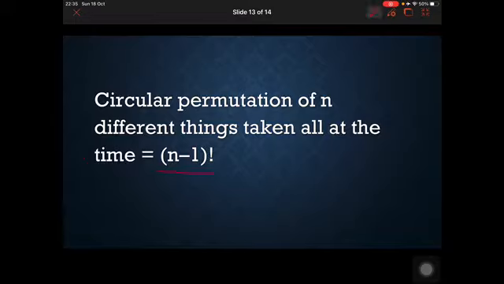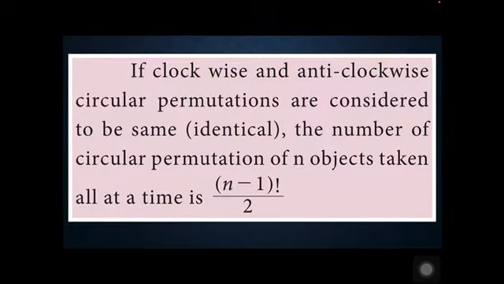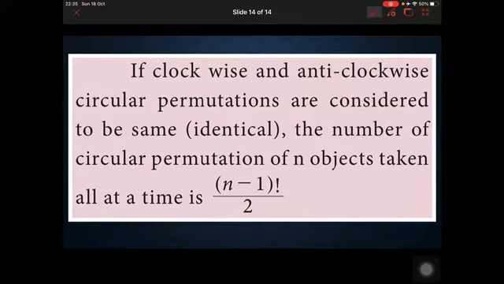N minus 1 factorial is the formula to calculate circular permutation. Whether we arrange in a clockwise or anti-clockwise direction, both have the same formula. So we can arrange either in clockwise or anti-clockwise.